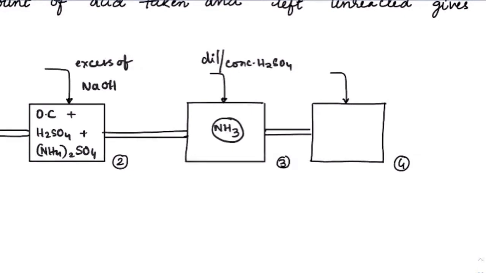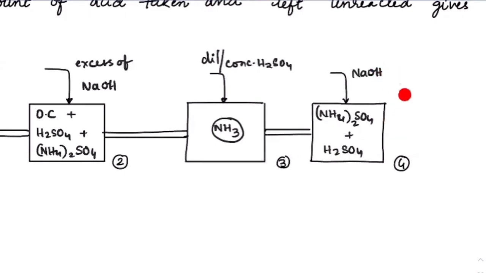So what would happen? In the fourth step, ammonium sulfate formation is observed. Along with that, some amount of H2SO4 will be left, and that H2SO4 is titrated with NaOH. Titrated means neutralized.